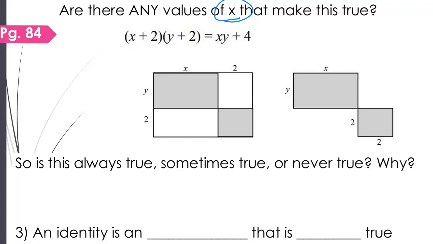Xy plus 4. So let's take a look at, well, before I say that, what do you think? Yes? No? Is it always true? Sometimes true? Never true? Who said no? Why do you say no? It is Demarian, right? Okay.